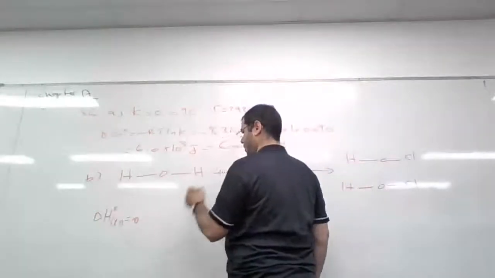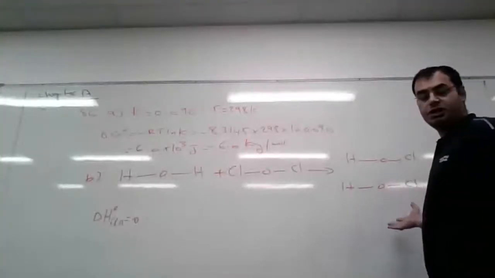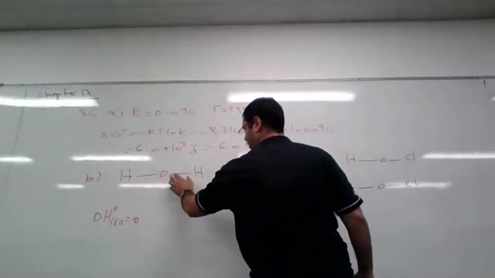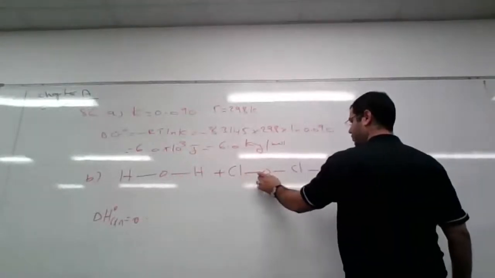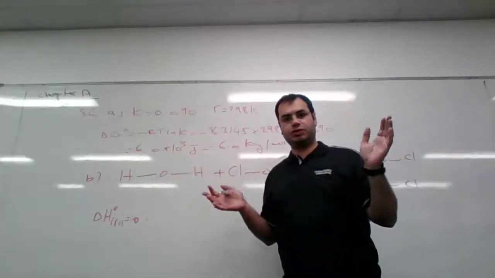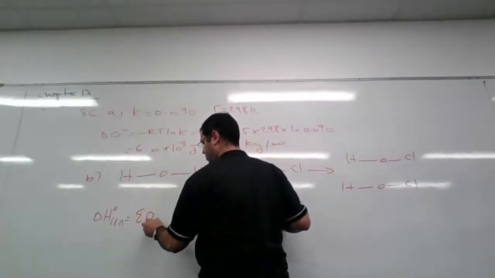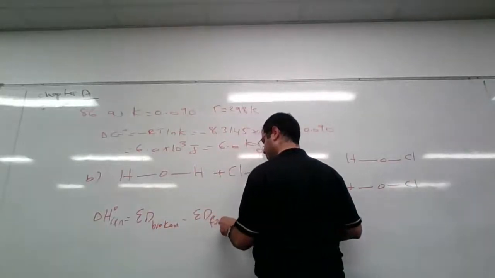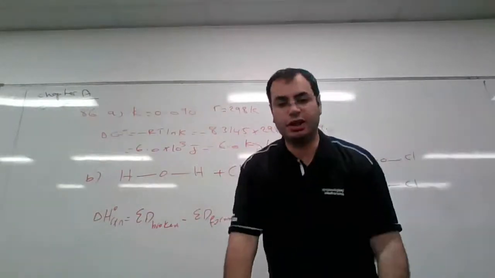Why? In here you have two. Okay, so nothing changed in terms of bond energy. I have the bond energy of OH and OH, and I have the bond energy of Cl-OCl, OCl. So nothing changed. If you apply the sum of energy of bonds broken minus the sum of bond energy of bonds formed, you will end up finding an answer of zero.